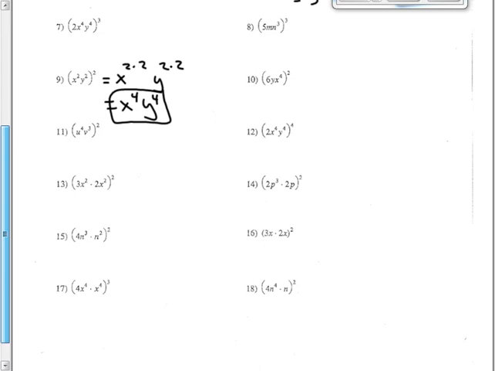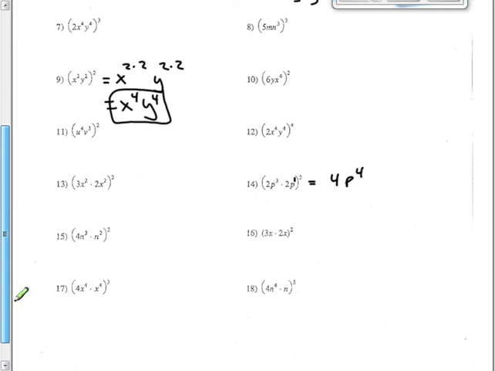Now number 14, when I look at number 14, I've got some stuff inside the parentheses that's already multiplied. So I don't want to do outside parentheses before I do inside parentheses. I still want to follow the rules of PEMDAS that we did in 1.4. So we're going to look at doing what's inside the parentheses first. I've got 2 times 2 is 4. I've got a p to the 1 here. So p to the third times p to the first gives me p to the 4th.